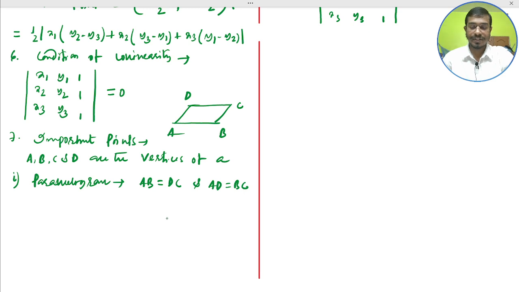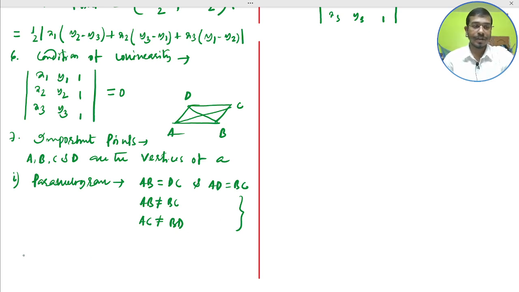And adjacent sides means AB not equal to BC. This is unequal. And the diagonals means AC is not equal to BD. These three are the conditions for the parallelogram.